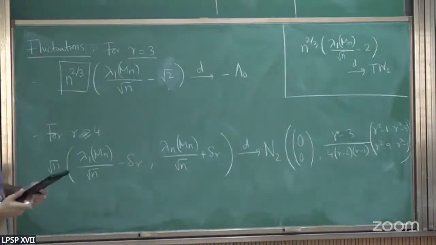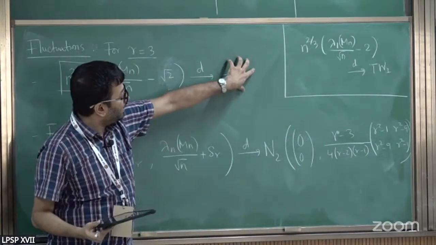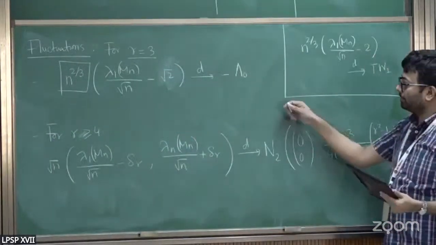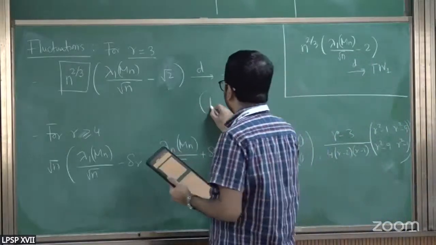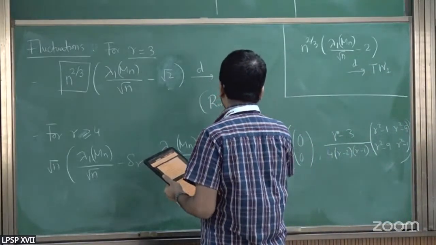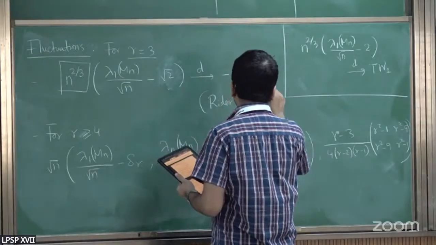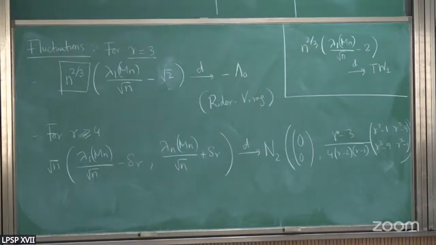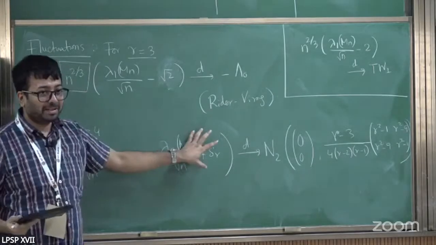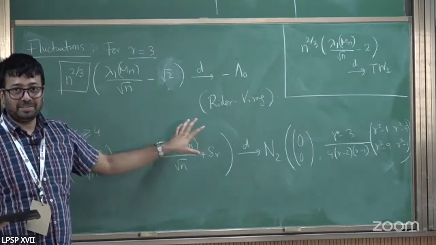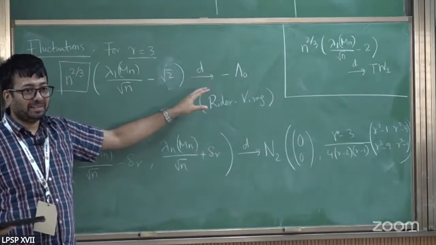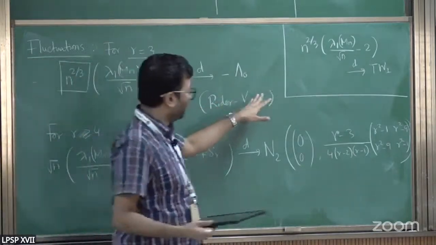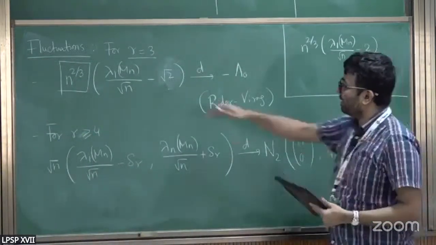Okay. So this type of limits was first obtained by Ramírez and Virág when they were studying the stochastic Airy operator. So this is a very interesting model in the sense that it produces this limit out of the blue, at r equal to 2.